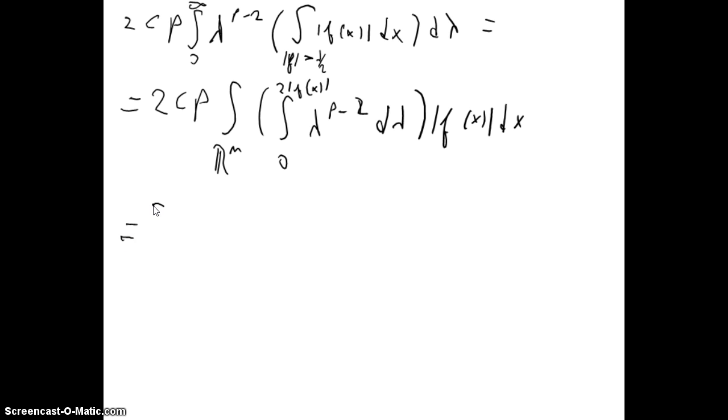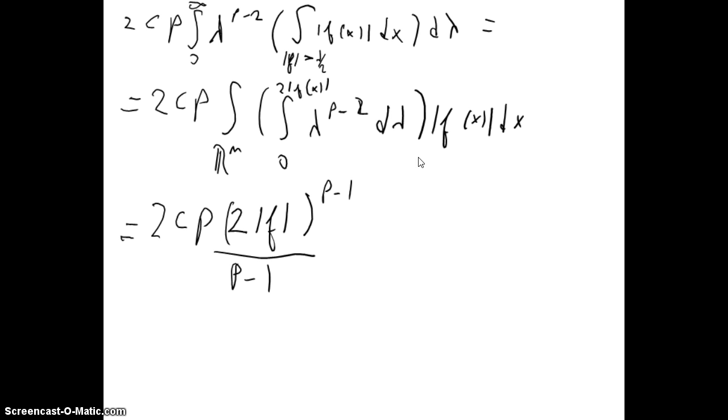So we will obtain 2cp, and from here we will obtain 2 times the absolute value of f to the p minus 1, times the absolute value of f dx, integrated over Rn.